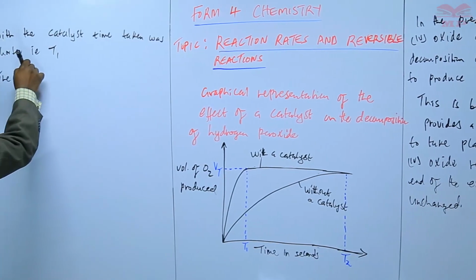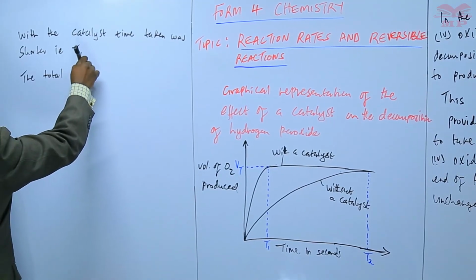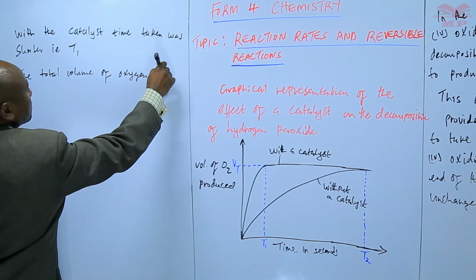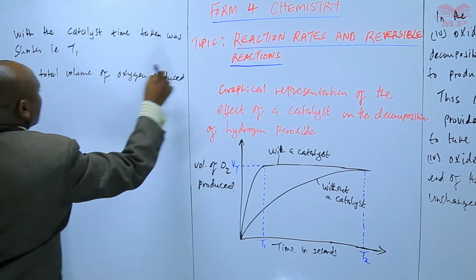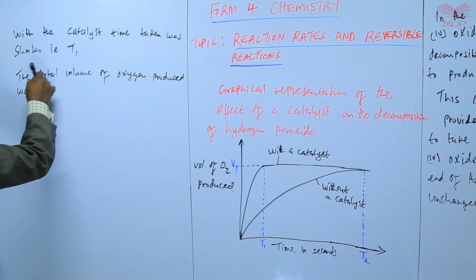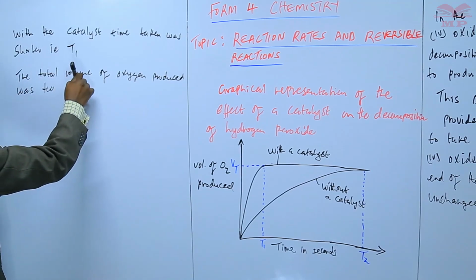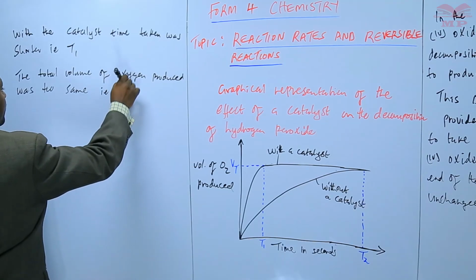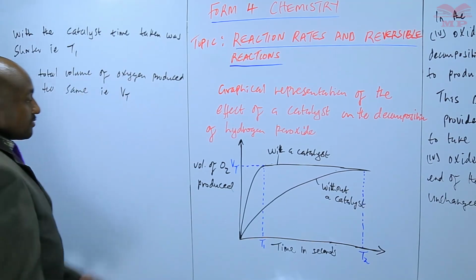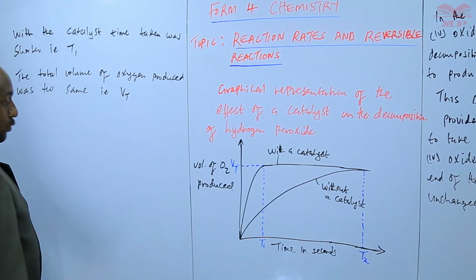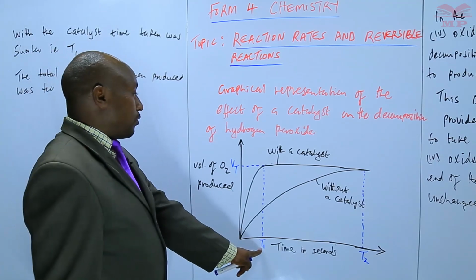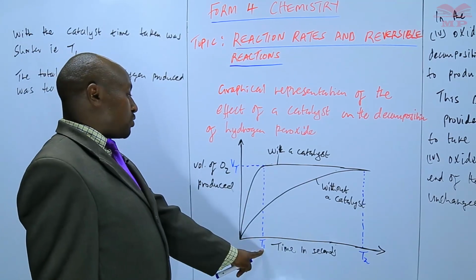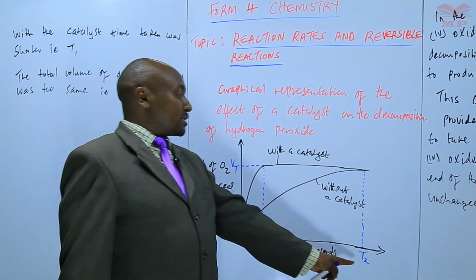Also, the total volume of oxygen produced was the same, as can be seen from the graph. That is volume T, which is volume total. So the time taken for volume T to be produced with the catalyst was T1, and without the catalyst was T2.